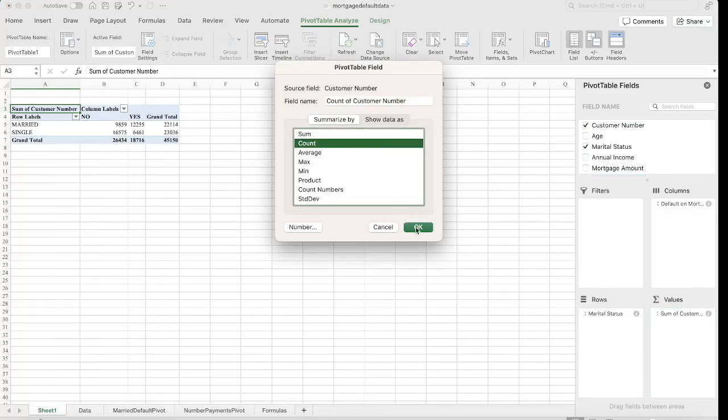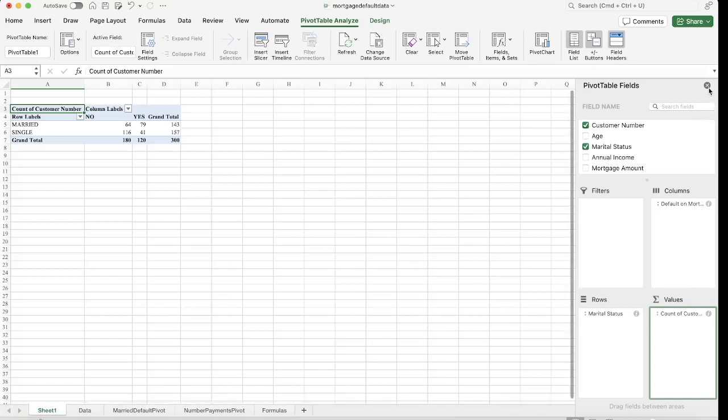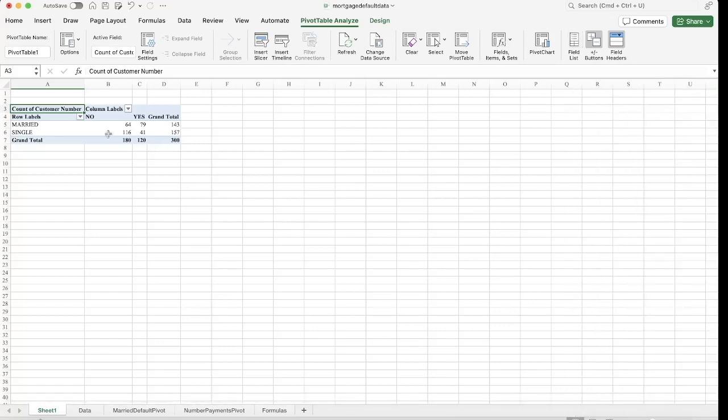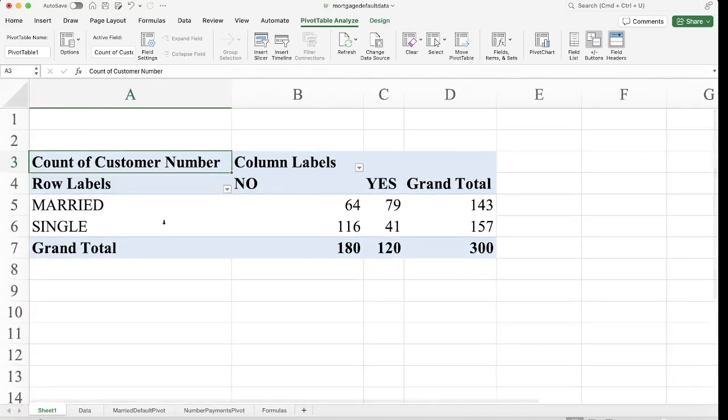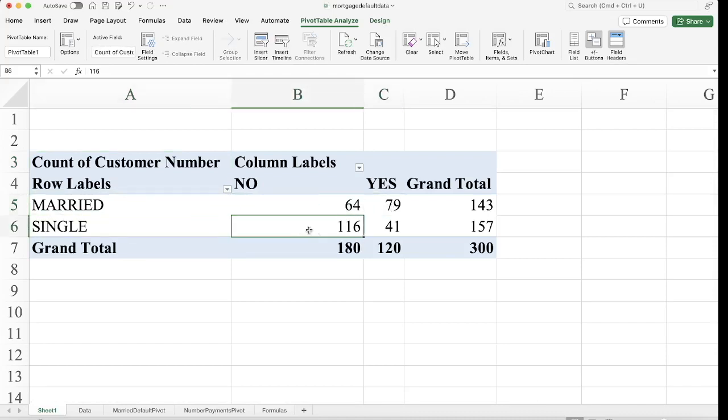I just want to count the people in each of these categories. Here we have a pivot table showing the number of customers who were married and did not default, who were married and did default, and same for single.